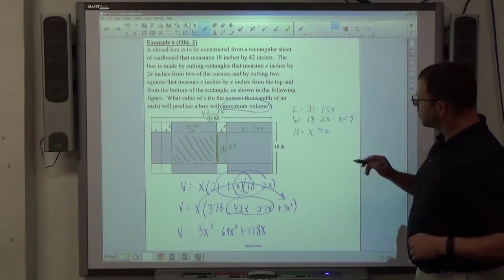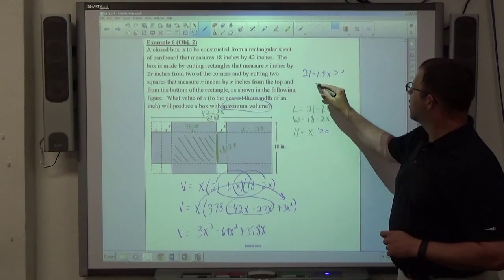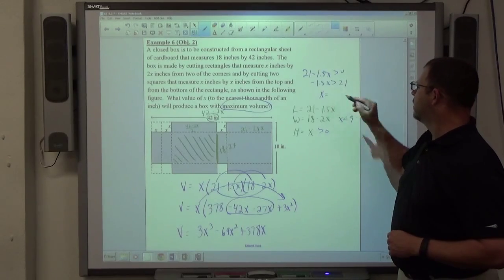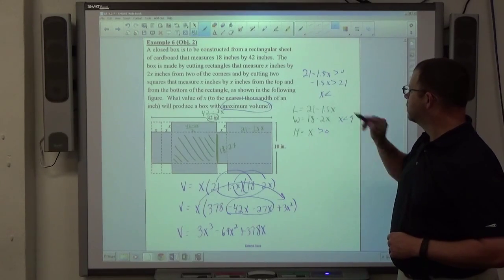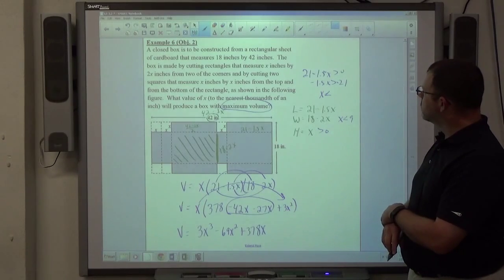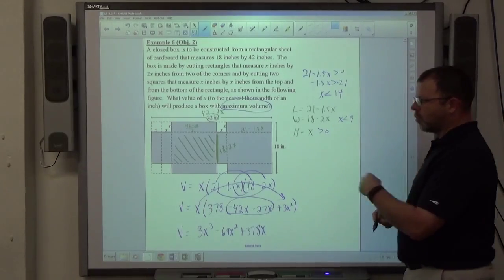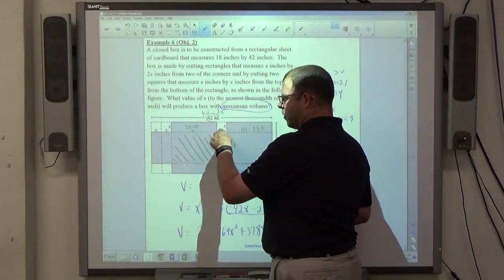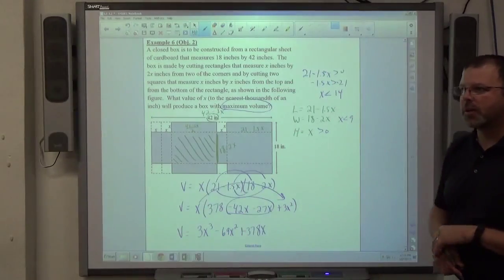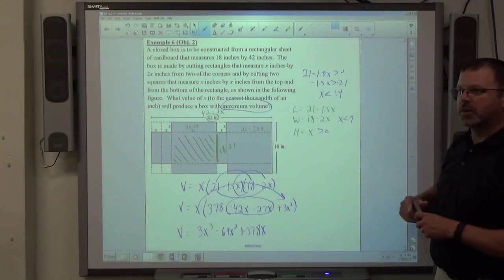And here, 21 minus 1.5x greater than 0 gets me x less than 14. 14 plus 14 plus 14 is 42, right? So we take 42 away from 42, we get no box. So x has to be less than 14 and less than 9 and greater than 0.